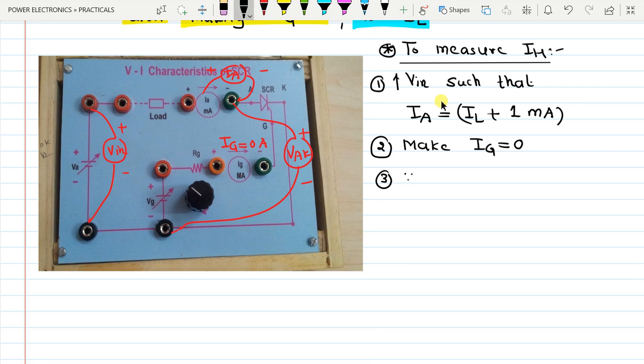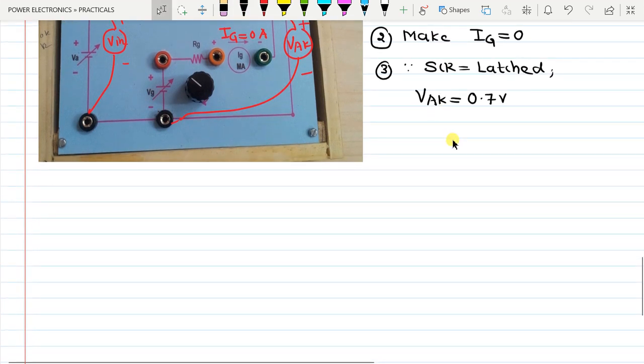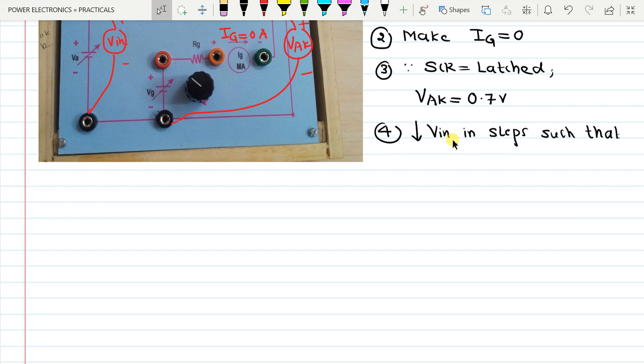Since SCR is already latched now, what is our observation? Our observation is VAK is equal to 0.7 volts and IA is already equal to latching current plus 1 milliamperes. So now what you do is you reduce V in in steps such that IA reduces to the IL value.